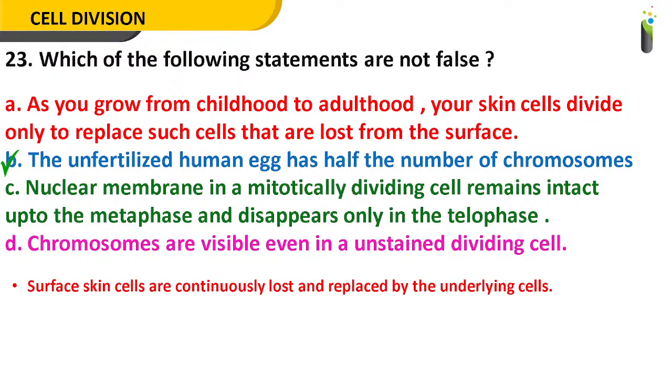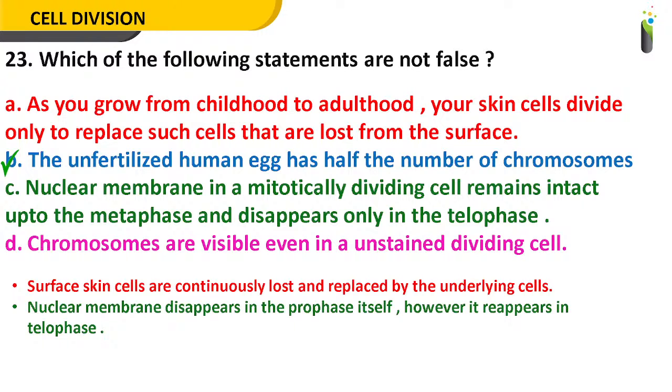The unfertilized human egg, that is a gamete, always has half the number of chromosomes, that is 23. Option C says the nuclear membrane in a mitotically dividing cell remains intact up to the metaphase and disappears only in the telophase. That's a wrong statement because the nuclear membrane disappears in the prophase itself and reappears in the telophase. So option C is also wrong.